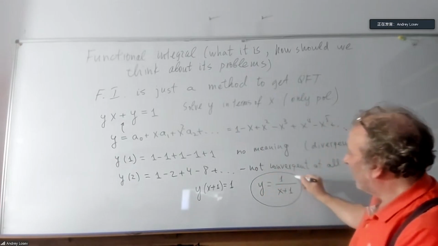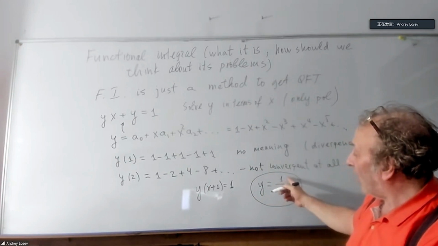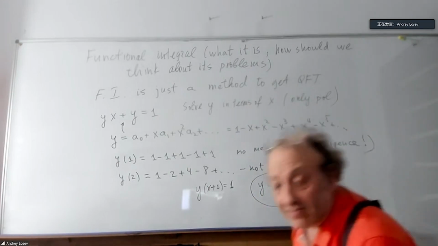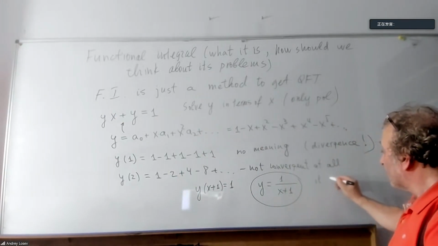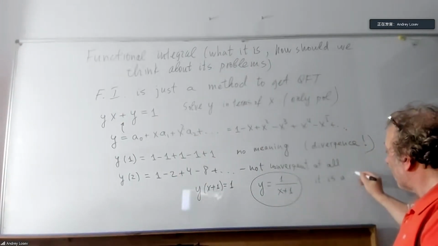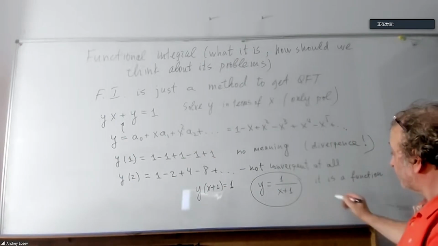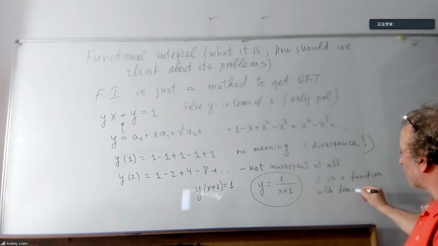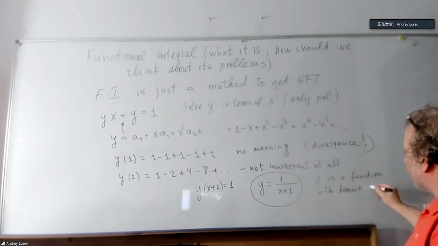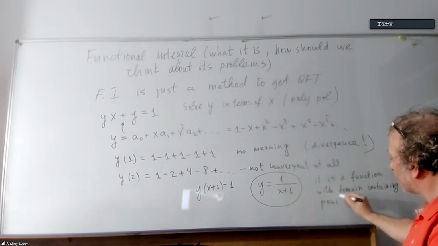So now, let us see what is 1 over x plus 1. It is a function with domain that definitely containing positive numbers.